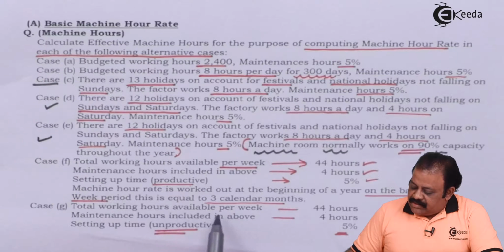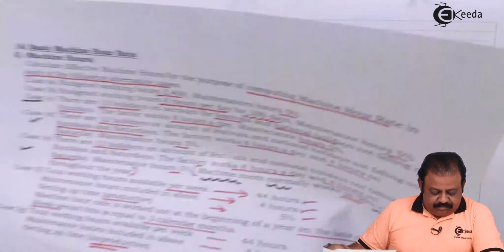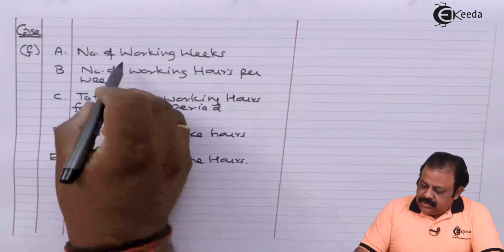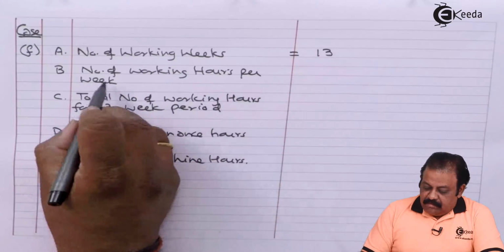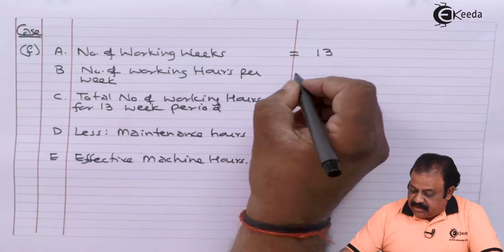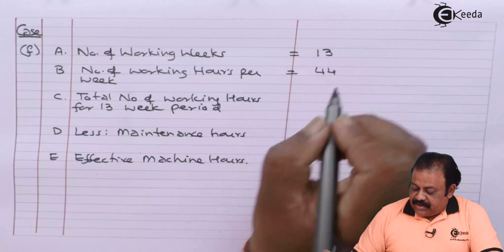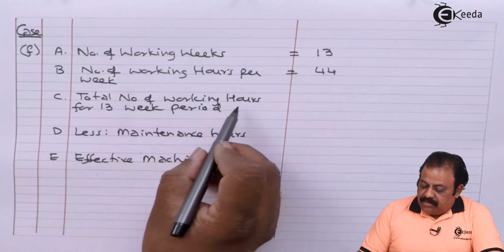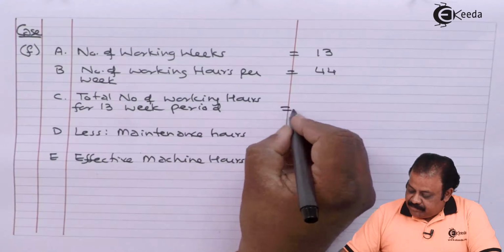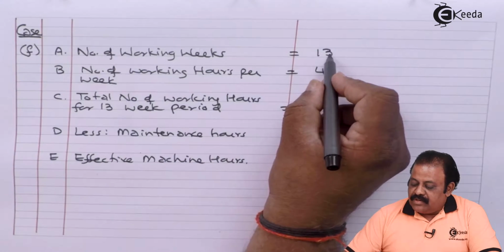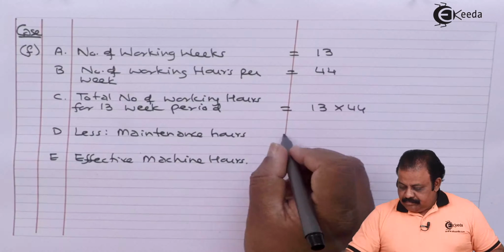Total working hours available per week 44 hours. Number of working weeks they have given 13. Number of working hours per week 44 hours. So total number of working hours for the 13 weeks period will be the multiplication of 13 and 44.